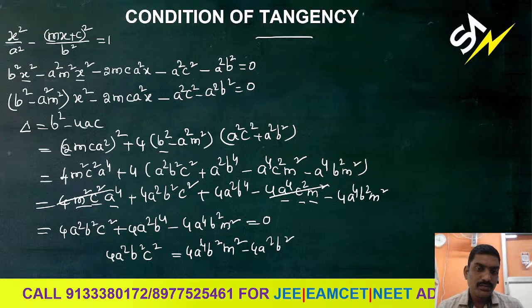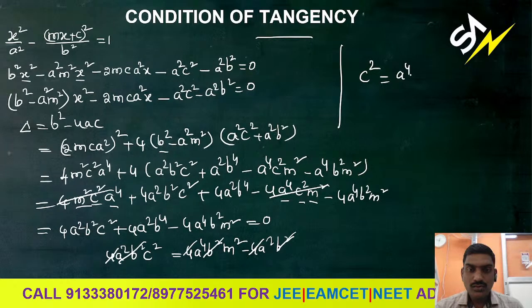So here 4 gets cancelled each side, b square also gets cancelled each side. Then what is left? We have c square is equal to a to the power of 4 m square minus a square.